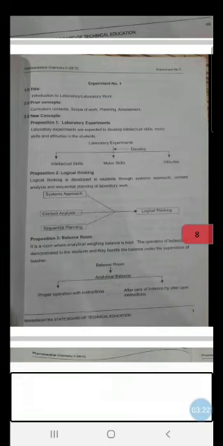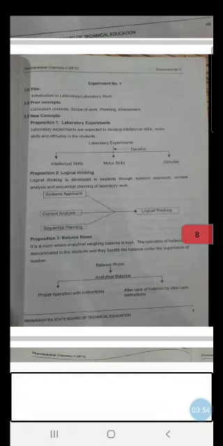Beside that, there is a balance room which has an ample number of analytical balances manufactured by Keroy company. These analytical balances are essential for accurate weighing, particularly in quantitative analysis or quantitative practicals, or where weight carries a major importance.